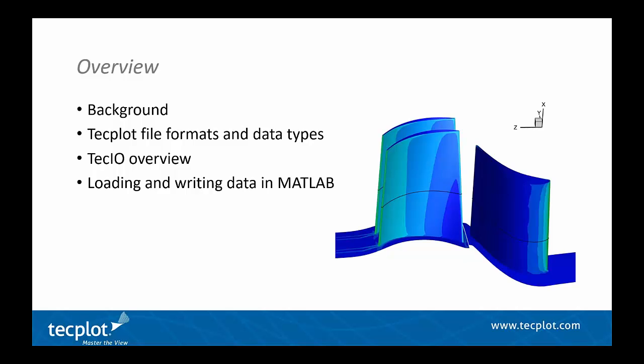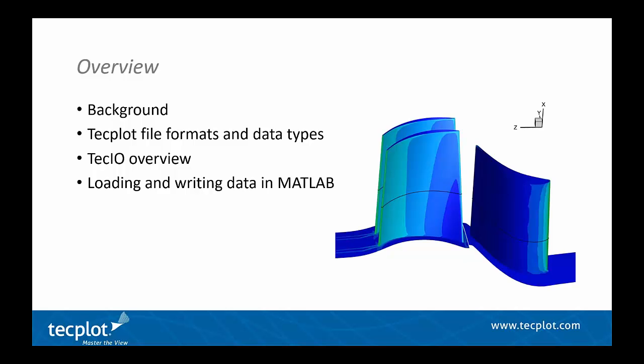So Devin and I put our heads together and figured, gosh, if we can figure out a way to use the TecIO library within MATLAB to read those files, this could be a great solution for Craig. And that's what we developed, and that's what we're going to be showing today. And for Craig, this was a really big win for him.